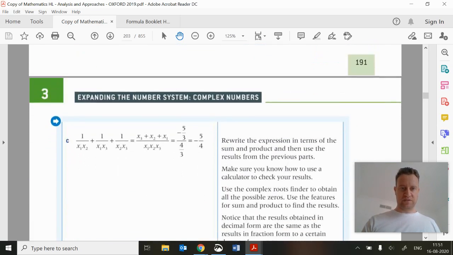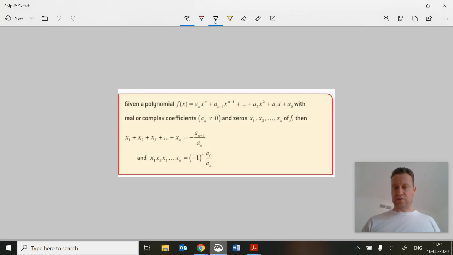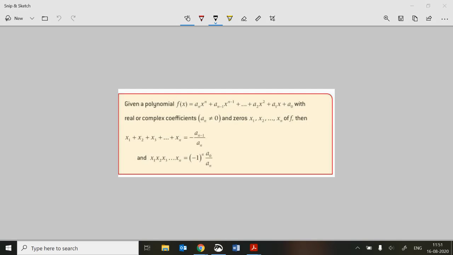This is the cubic formulas, in fact, so I think I've copied it here. So given this polynomial here, with real or complex coefficients, so it doesn't matter if we have complex coefficients either, and these zeros, in other words, that it can be factorized into x minus x1, x minus x2, all the way up to x minus xn, and then you can put obviously an a in front as well.